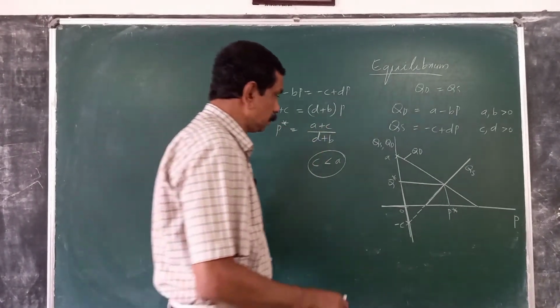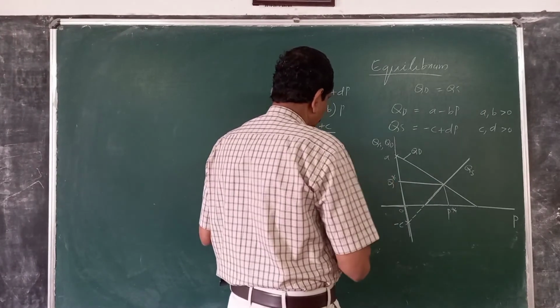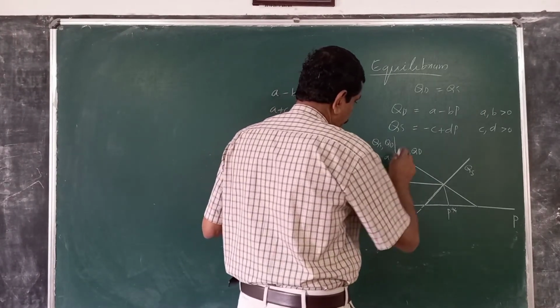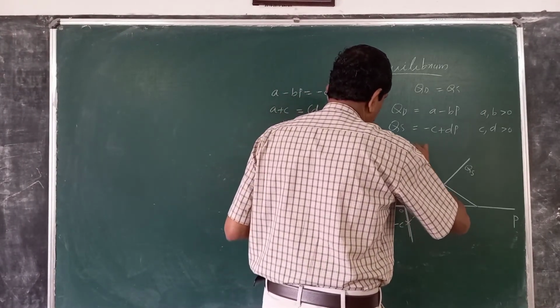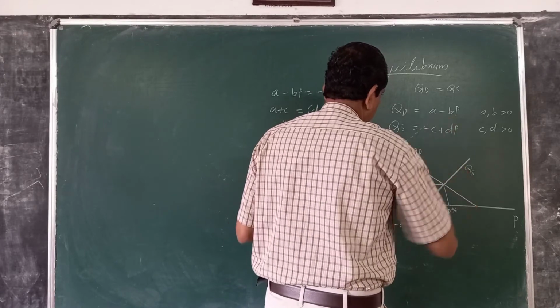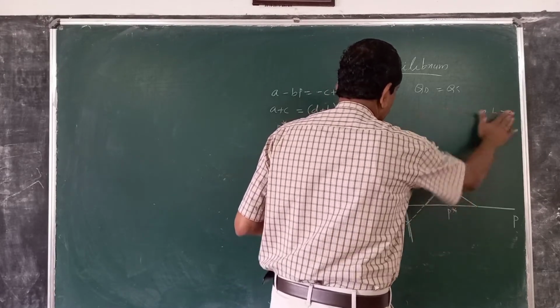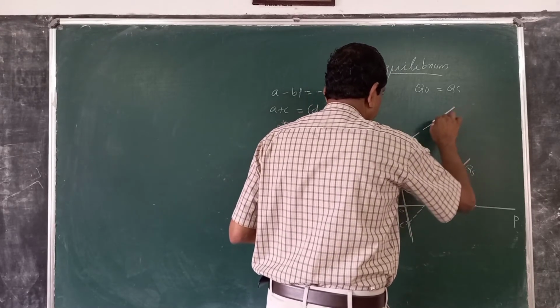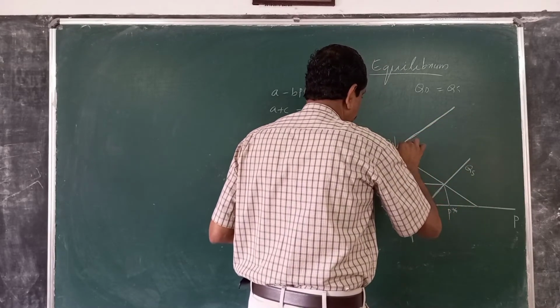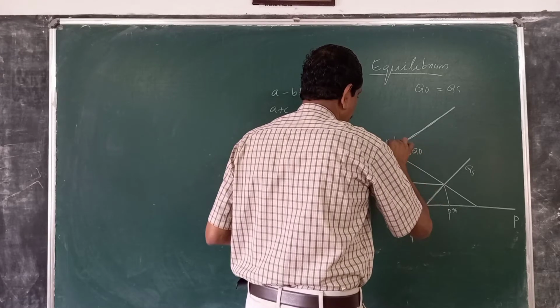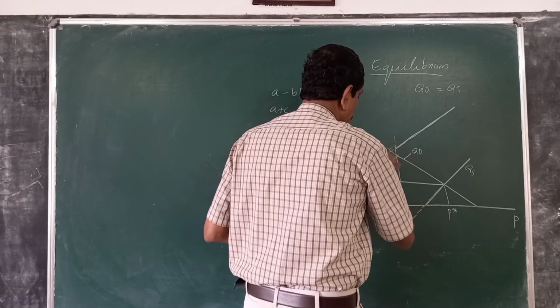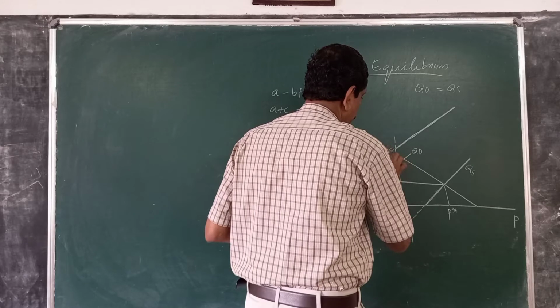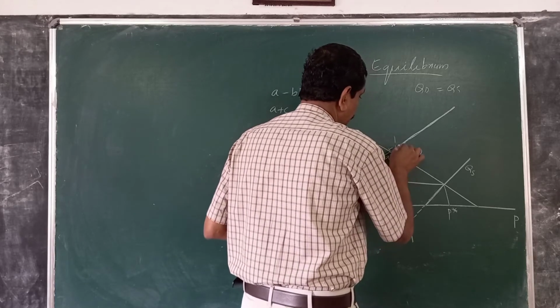As an example, if C is positive and is greater than A, then the supply curve will be like this, and this is C. And if you extend the demand and supply curves, you will see that they intersect at a negative price.